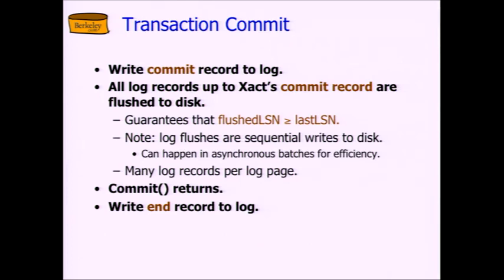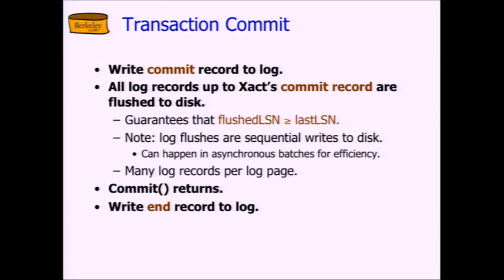So you generate this commit log record. Now, at some point, and this may happen later, all of the log records up to and including this transaction's commit record get flushed to disk. Maybe that happens because a log writing process woke up and said, I'm going to write the log tail to the disk now. It doesn't necessarily happen right away.